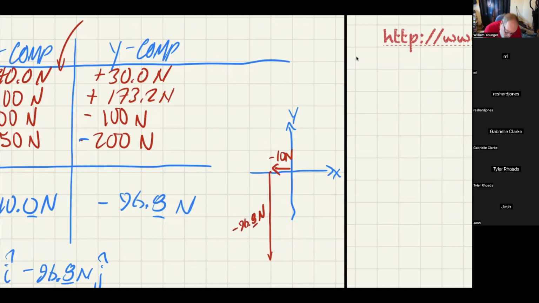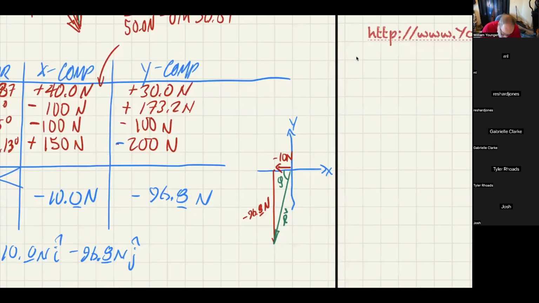What this means is the resultant vector is that vector. And this angle right here is going to be the angle I call phi, and that'll come in handy.